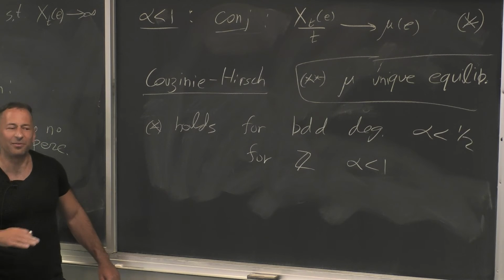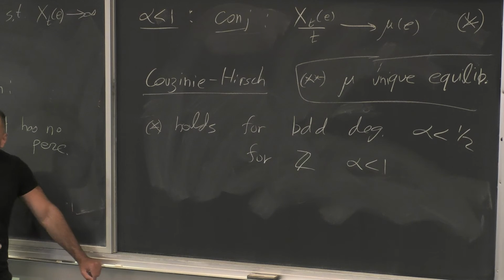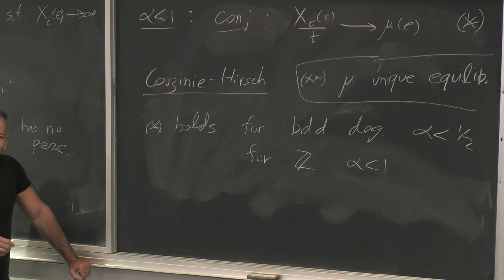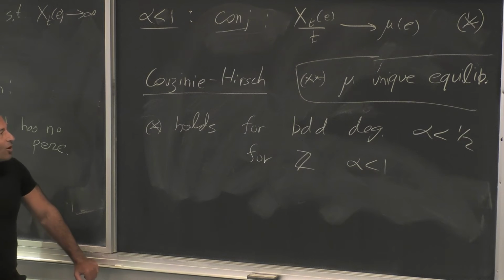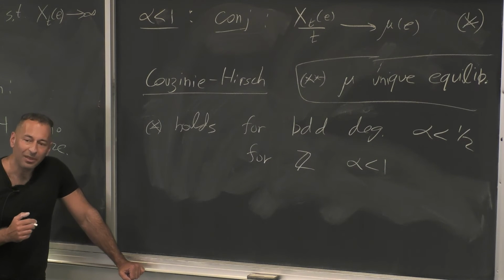And they proved it a bit beyond half for regular graphs also. They don't show that the equilibrium is necessarily unique. They show that you converge to some equilibrium. Though for alpha small enough, you can also get that the equilibrium is unique from that.